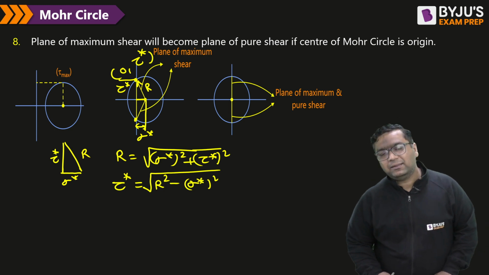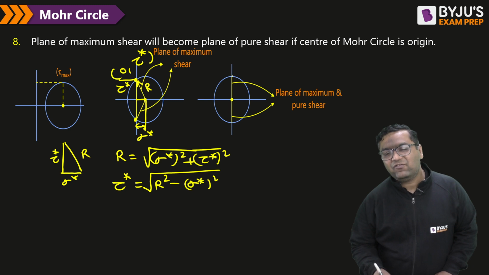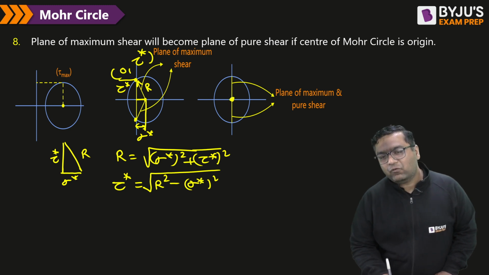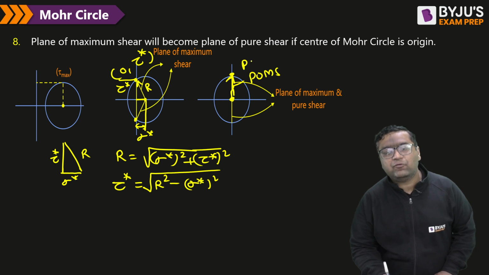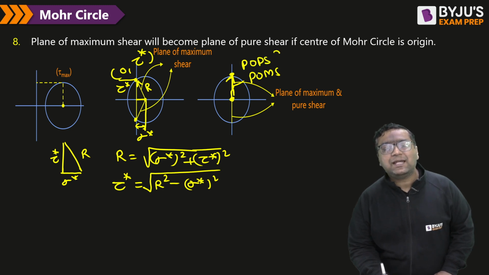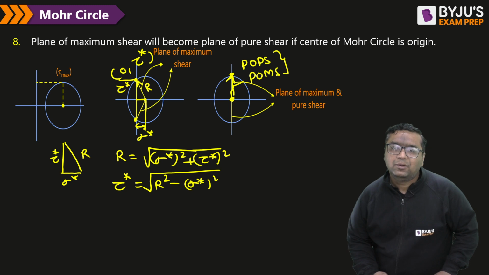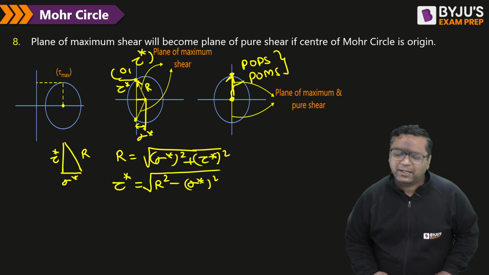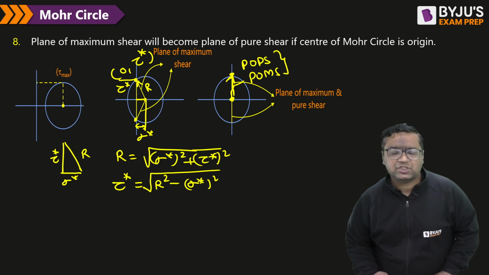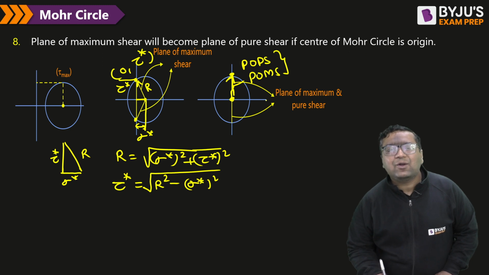Now my dear, there is one wonderful thing. If we have origin of the Mohr circle at the center, then you know from the center if we plot a radius, that gives us the plane of maximum shear. And Mohr circle where it cuts y-axis will give you plane of pure shear. So this is that beautiful condition when plane of maximum shear and plane of pure shear coincide with each other. So I am not saying they always coexist.